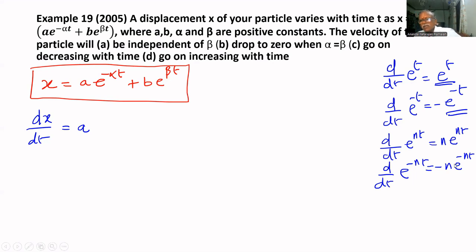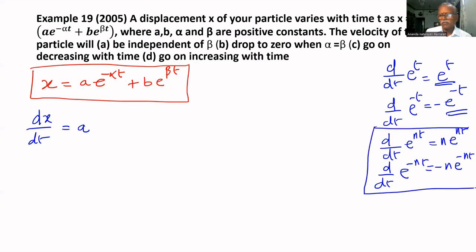This is the general formula you have to remember. So here, instead of n, alpha is there with a negative sign. A is constant, leave it. You will get minus a alpha e power minus alpha t plus b beta e power beta t. So this is the velocity.